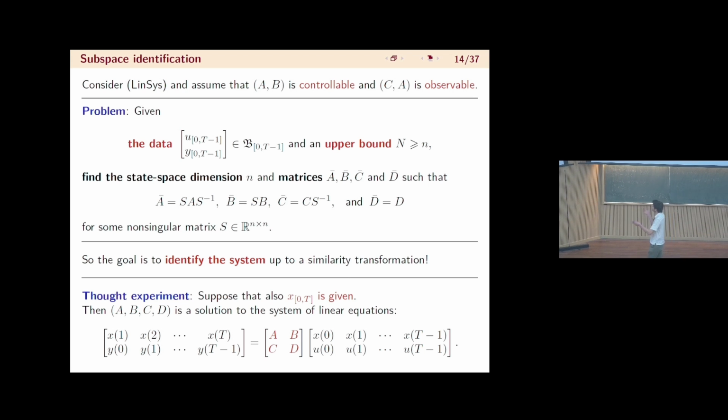So what I'm trying to stress here is that if you would have the state data, this problem would be very easy. You would just solve this system of linear equations and find A, B, C, D. But the big problem in subspace identification is that you do not have access to this state. You only have input-output data. So what to do then?